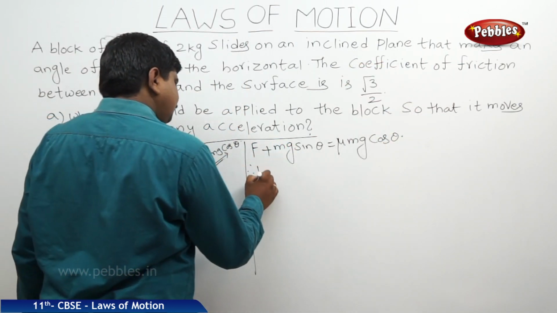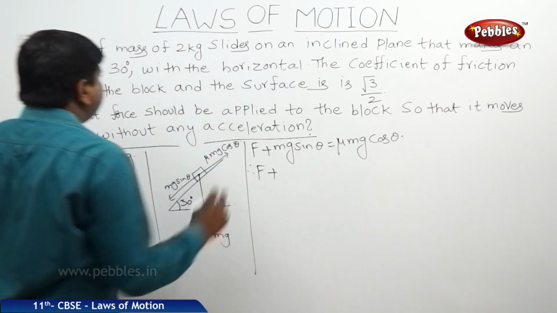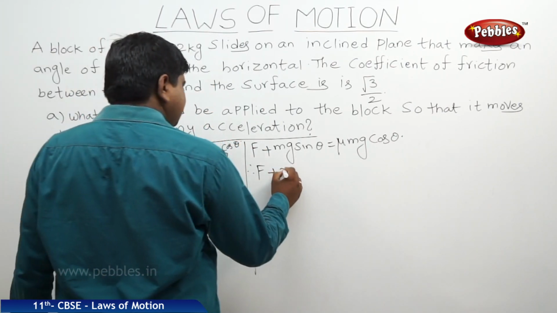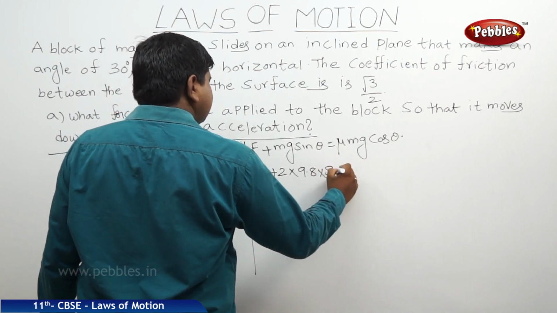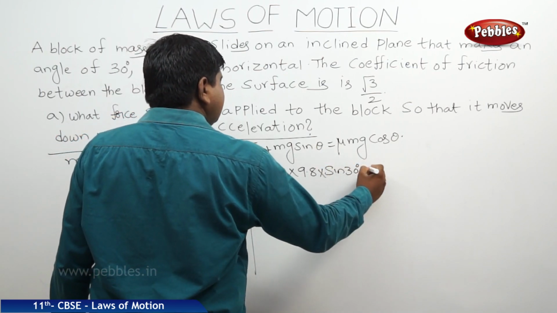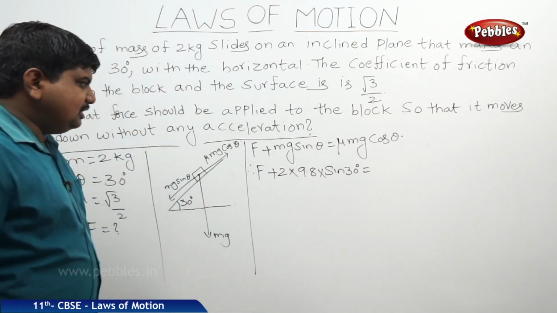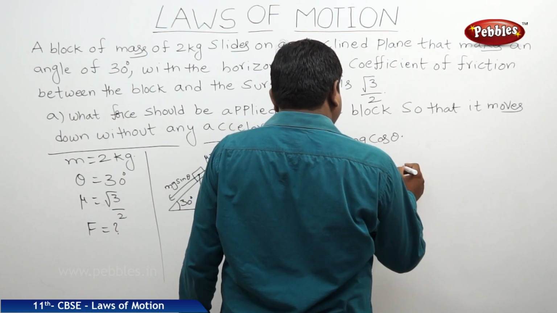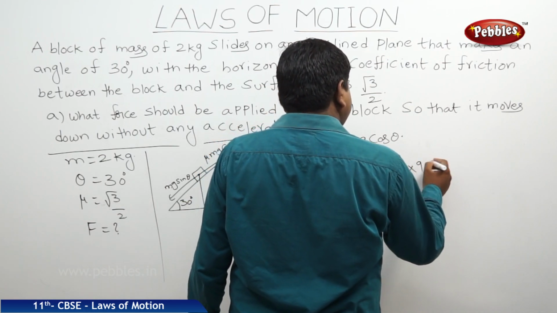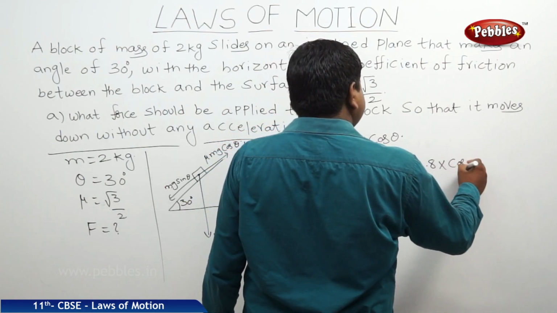So therefore, F plus mg cos theta, where the mass of the body is 2 kg, g is 9.8, theta is 30 degrees, and mu is equal to root 3 by 2, equals mu mg sin theta.